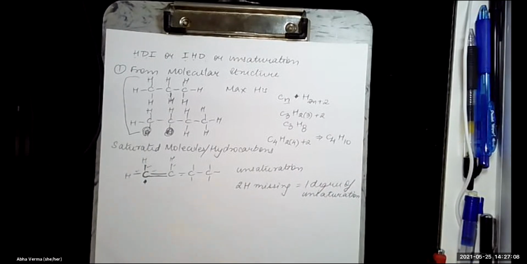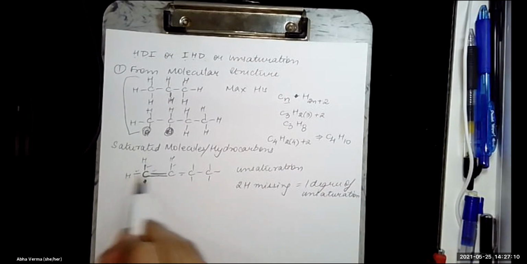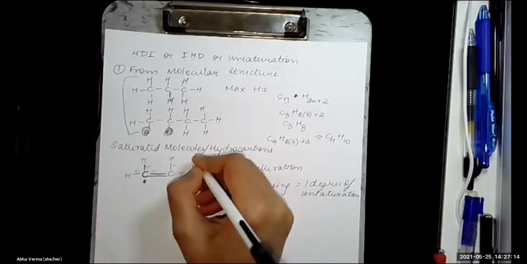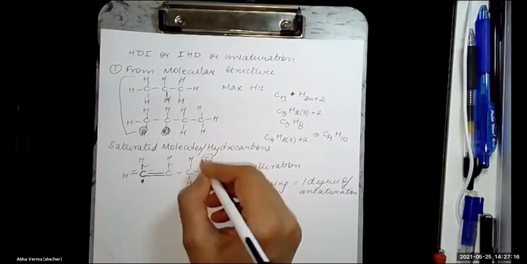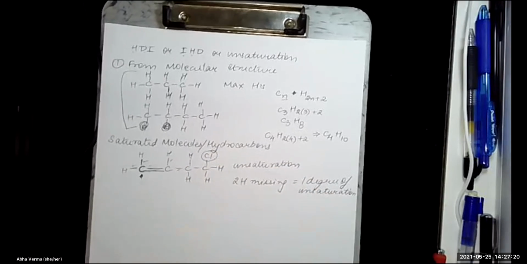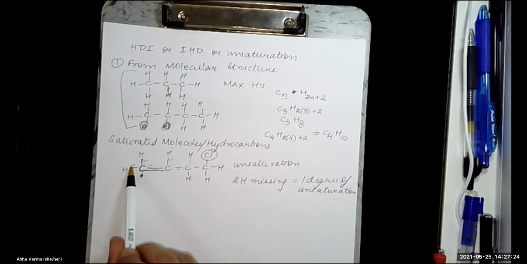So if you're given the molecular structure and you look at the structure, it could be anything. This is a chlorine that I've placed here. How many pi electrons or pi bonds do you see?